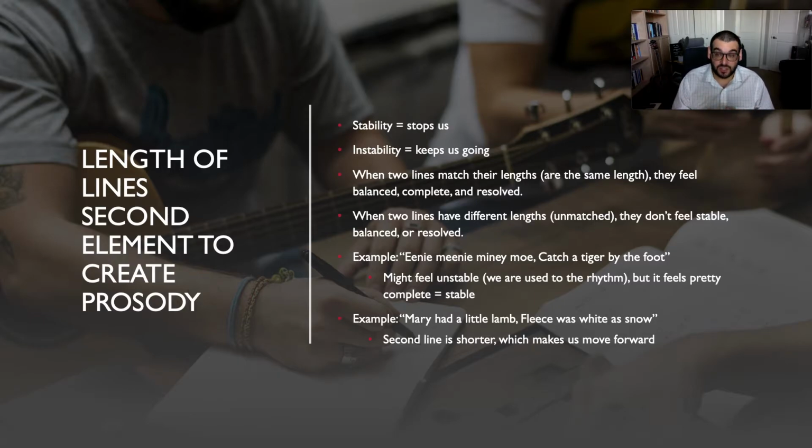They feel unresolved. For example, eeny, meeny, miny, mo, catch a tiger by the foot. That sounds weird, doesn't it? Not only because mo doesn't match with foot in terms of rhyming, but eeny, meeny, miny, mo, so 7 syllables, catch a tiger by the foot, also 7 syllables. And so even though foot and mo don't rhyme, the length of the lines is the same in terms of syllables.